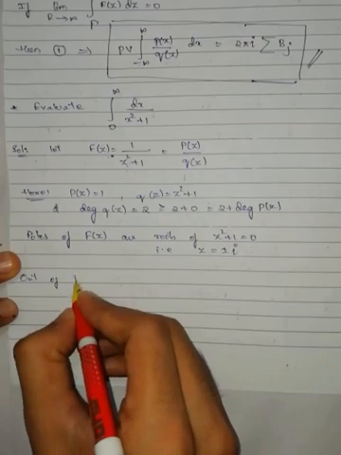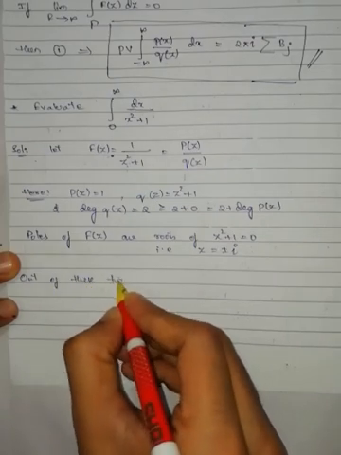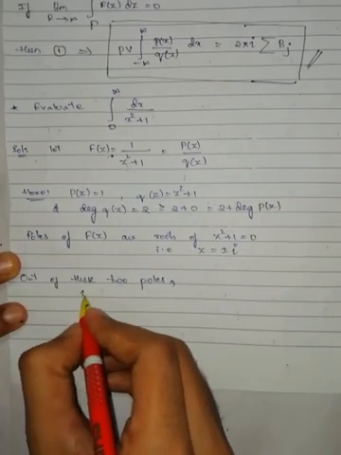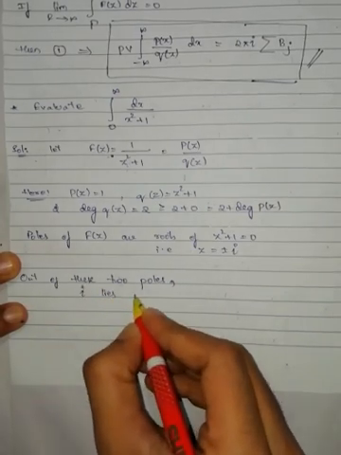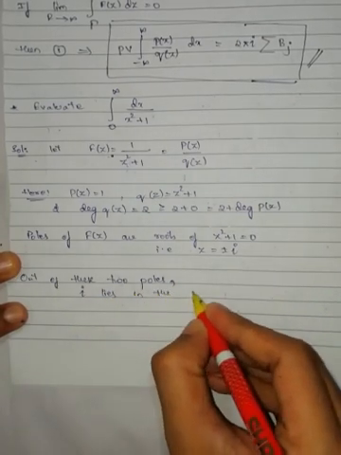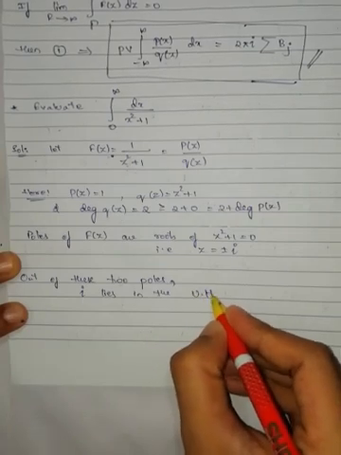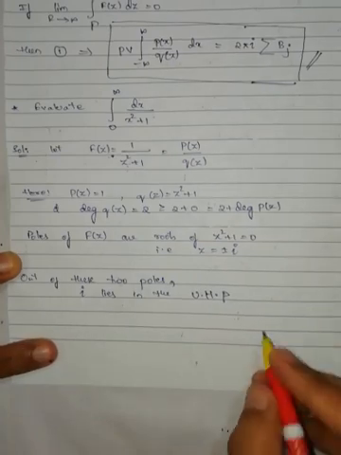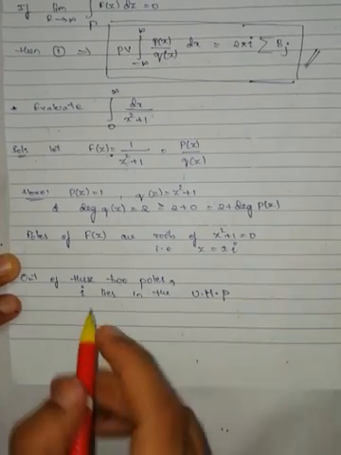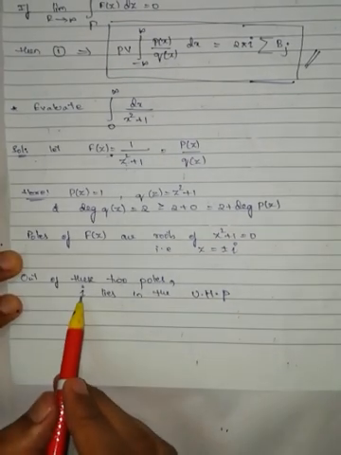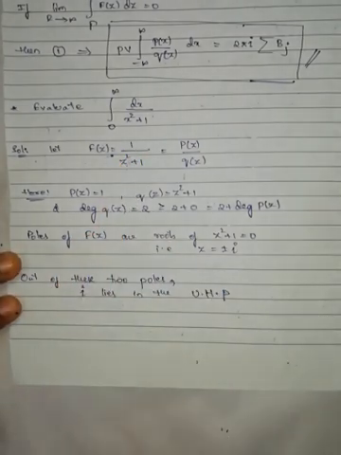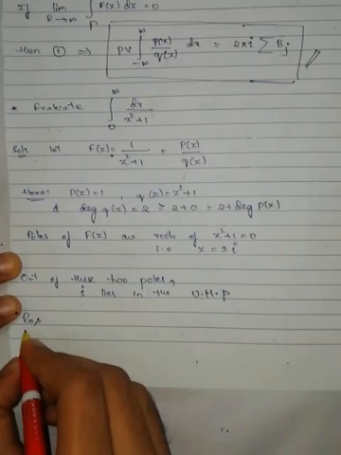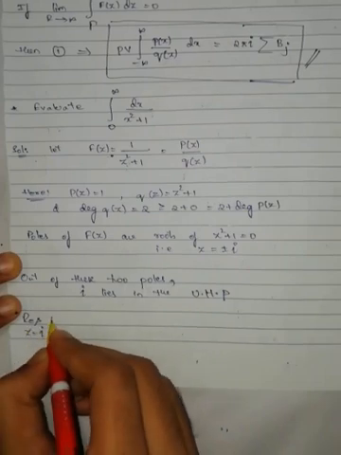Out of these 2 poles, i lies in the upper half plane. Now we have to find the residue at this point of the given function, the residue at z equal to i of capital F of z.